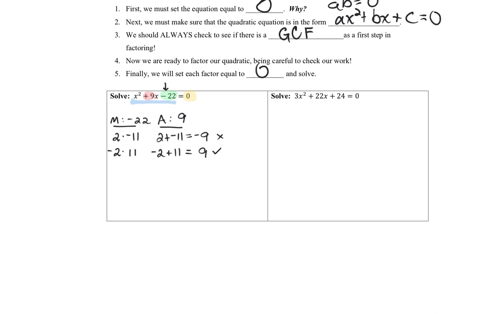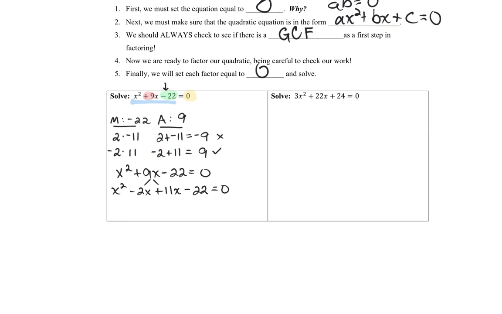So I found my two numbers, and I'm going to show you the long method, and then we'll talk about how to do it quicker. So now that I found those two numbers, what I would do is rewrite my quadratic equation, taking that middle term and breaking it up using those two numbers that I found, right?